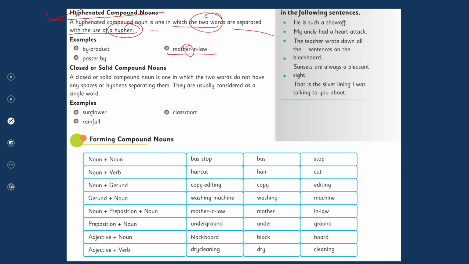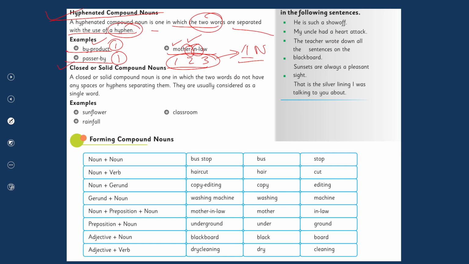Mother-in-law, we have two hyphens. We have 1, 2, and 3 words, but they are working as one noun, and it is called a compound noun. Byproduct, passerby. So they are working as one and separated by hyphens.